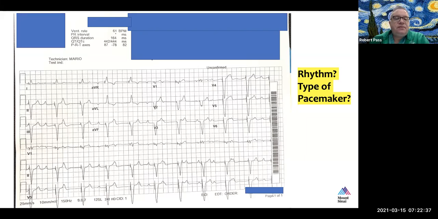Also, I'm sure you're aware that there are new data that have come out from the group in Boston and others that at late follow-up, there are rare patients who have strangulation of their epicardial coronary arteries from old epicardial pacing leads. It's not usually from where the lead was sewn on, it's from where the slack is overhanging the ventricle.